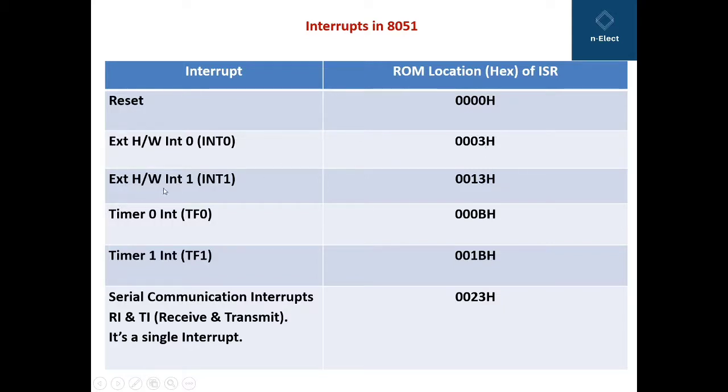For external hardware interrupt 1, it is 0013H. For timer 0 interrupt, that is TF0, it is 000BH, while for timer 1 interrupt, it is 001BH. And for serial communication interrupts, which are RI, that is receive interrupt, and TI, transmit interrupt respectively, and which is actually a single interrupt, the ROM location of ISR is 0023H.